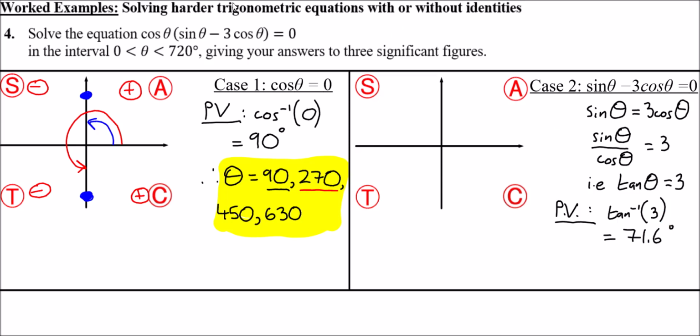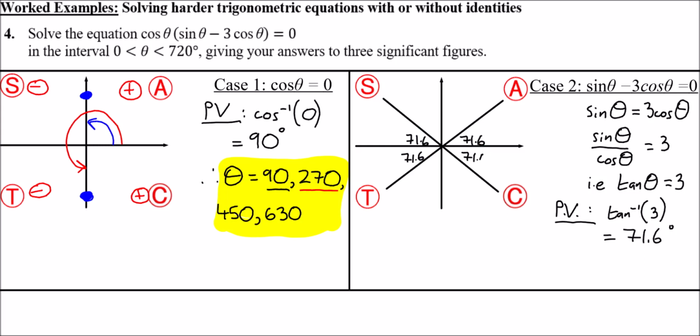So again, just add this to the CAST diagram. Like so. Now 71.6 is within the range from 0 to 720, so that's absolutely fine. So we can label on 71.6 because that's all of the acute angles in between the x-axis and these lines making the x.